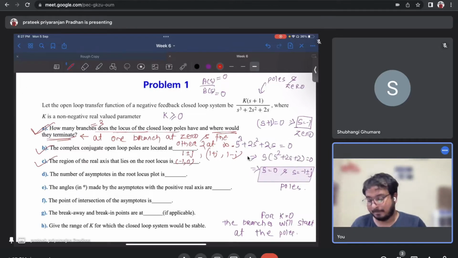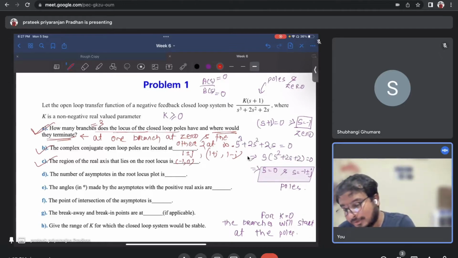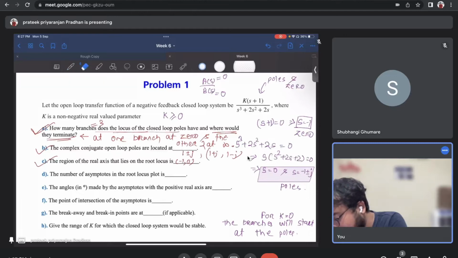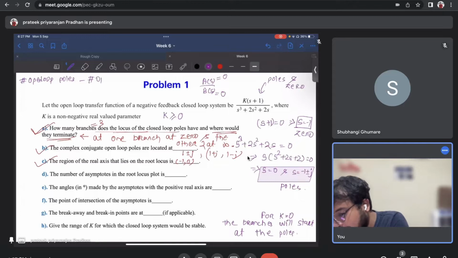Next, come back to the next question, D. The number of asymptotes on the root locus plot. The formula is the number of open loop poles minus the number of open loop zeros.